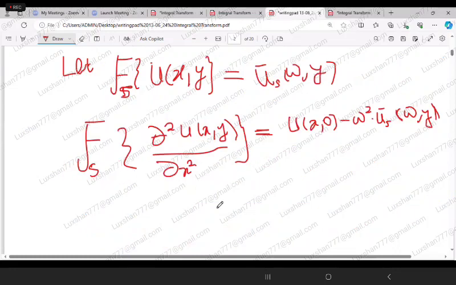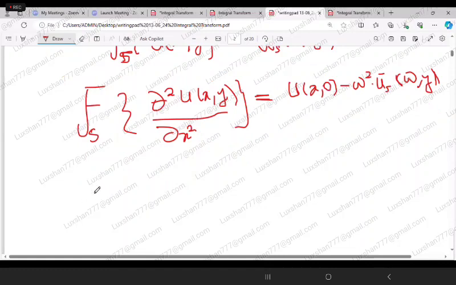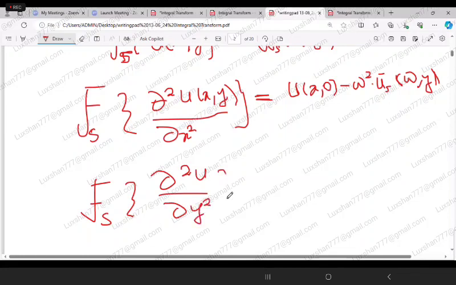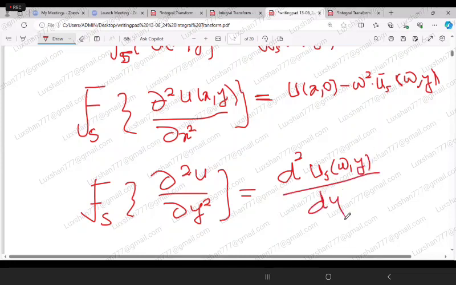Then, say for an example, the Fourier sine transform of ∂²u/∂y² is nothing but d²ūs(ω,y)/dy².